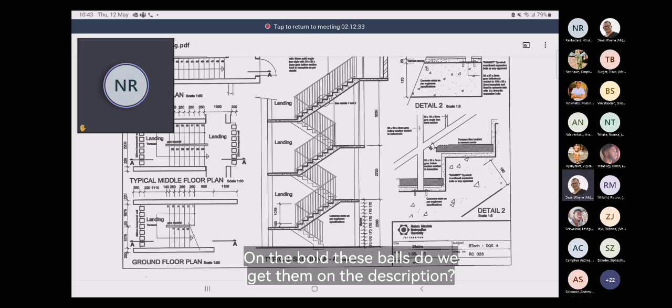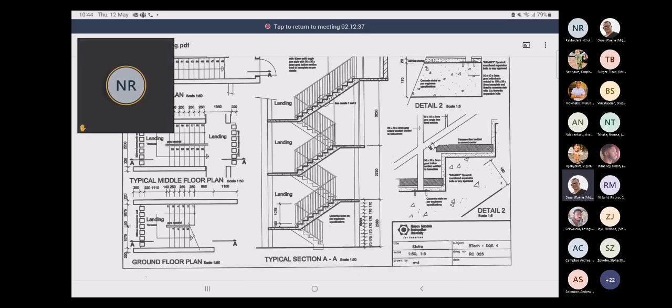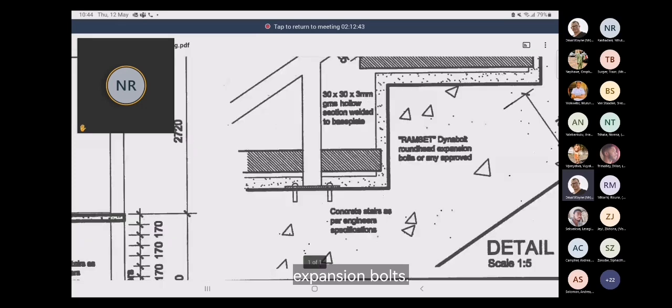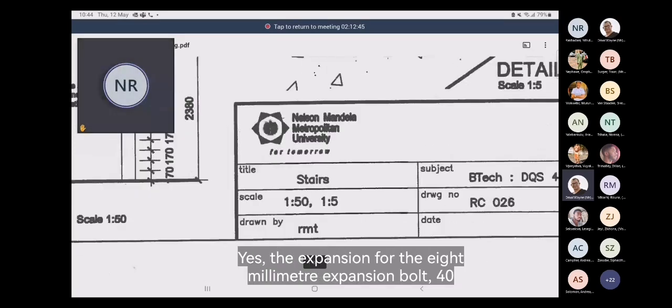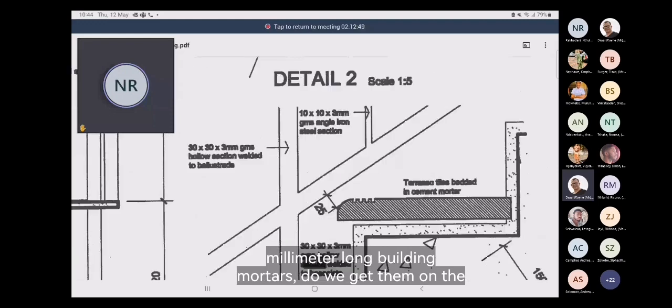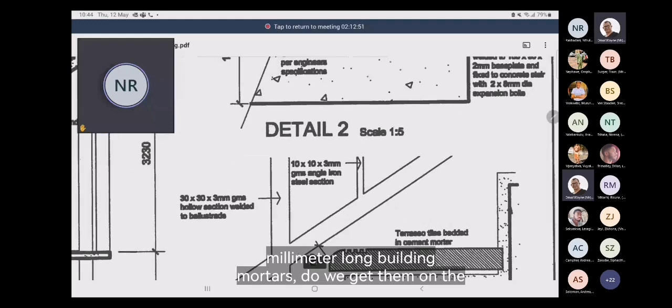On the bolts. These bolts, do we get them on the description? You're talking about the bolts that I measured, the expansion bolts? Yes, the 8mm expansion bolt, 40mm long, including mortise. Do we get them on the description?